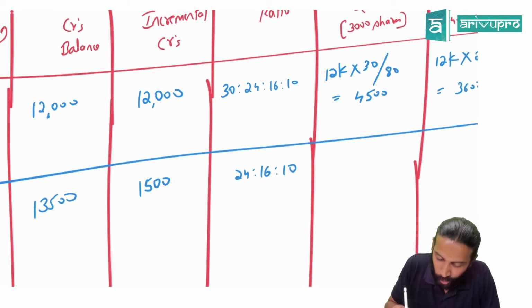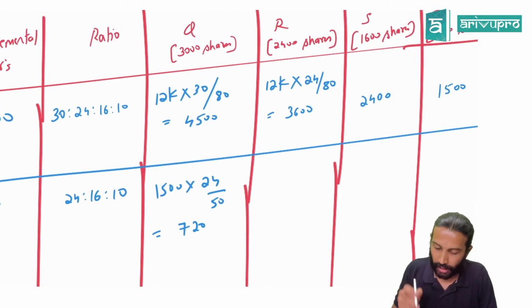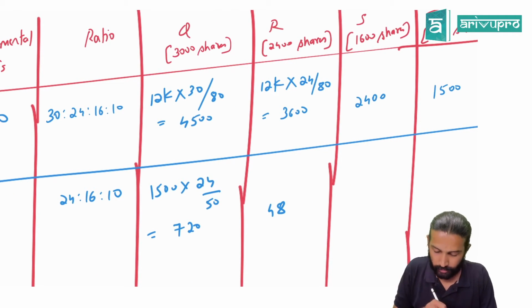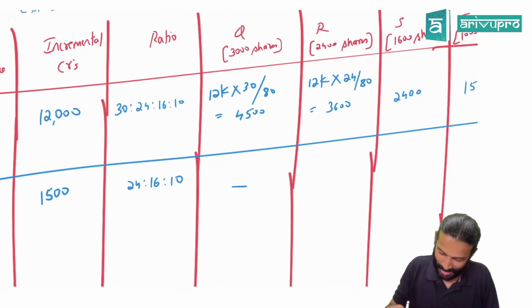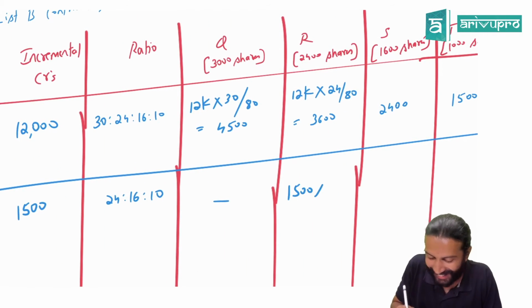Okay, so 1,500 you distribute in this ratio, sir. How much will it be? 1,500 into 24 divided by 50.